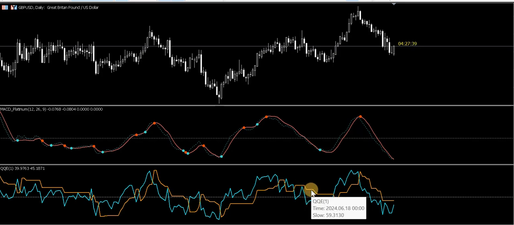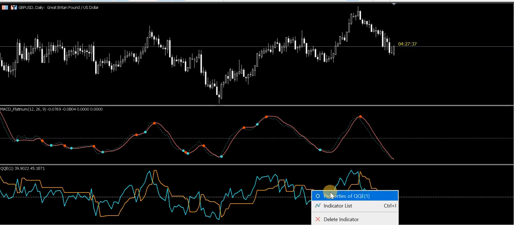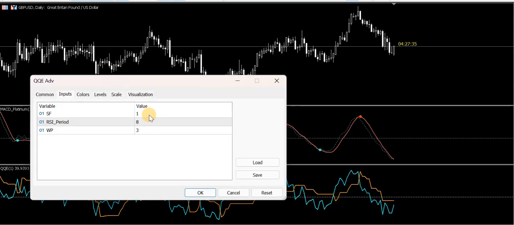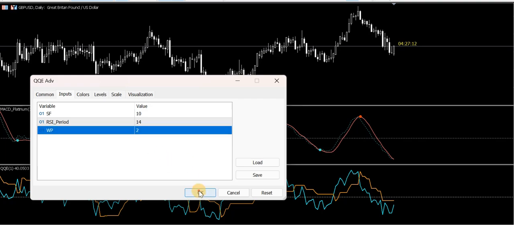So if we right-click on here, my default settings, you'll see on my books are 183, SF1, RSI period 8, WP3. Now in book 4, I do use slightly different settings. Instead of 183, I use 10, 14, and 2. Now this will give the indicator a completely different look.